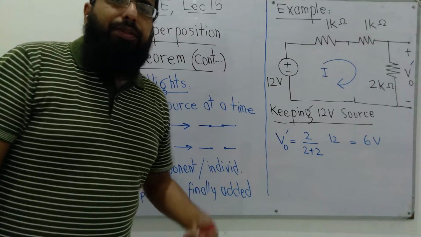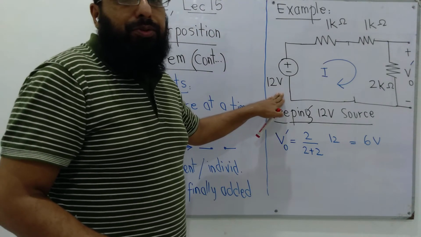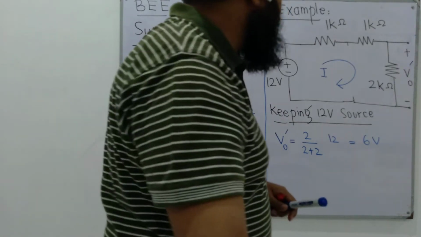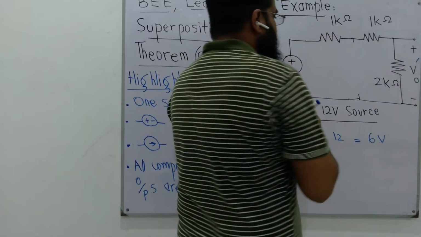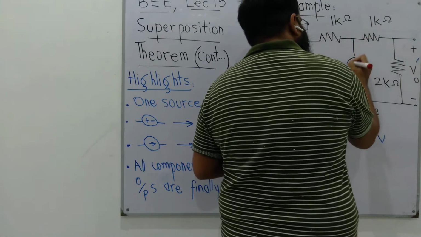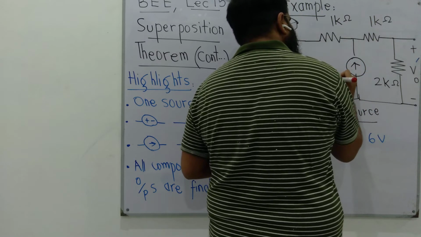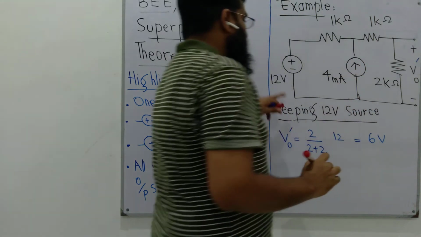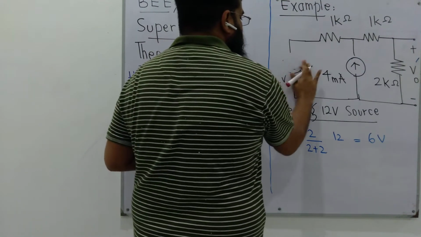Now we have to work with the other source, the 4 milliampere current source, and we'll replace this 12 volt source with its equivalent resistance. So let's get that source back, and replace this 12 volt source with its equivalent resistance, a short circuit.